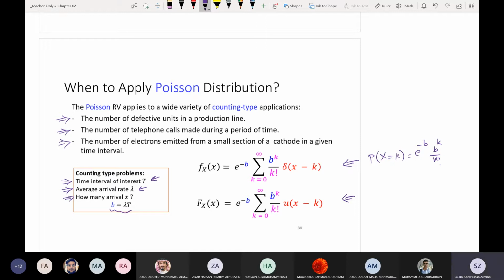So again, if I give you any problem, you first need to understand which random variable to apply, and then you need to find the parameters. In this case, what is B? We only have one parameter, and then we calculate. Simple. Any questions about Poisson distribution? We'll take examples, but any question about the concept here?